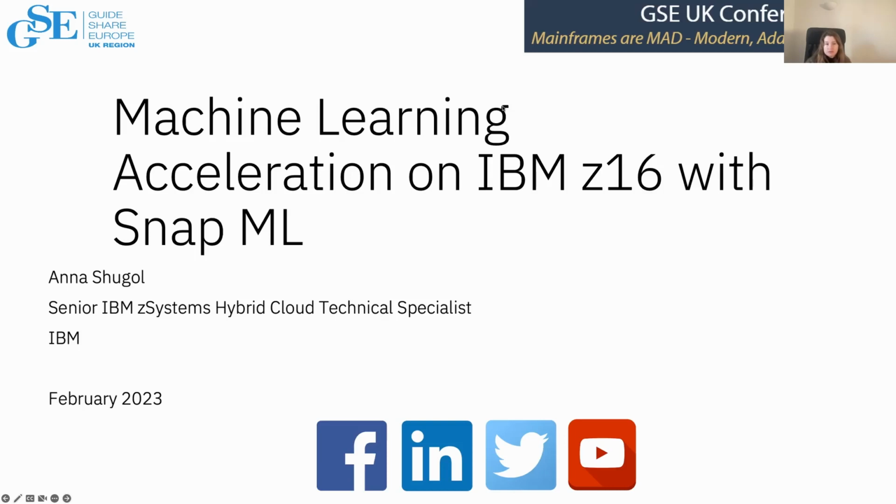It is called SnapML, Snap Machine Learning, and together we're going to go through a demo where I'm going to be using this library for classifying Bitcoin transactions. If you do have any questions, please don't hesitate to ask. And with that, let's start.